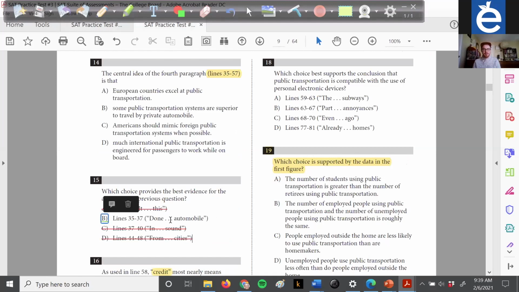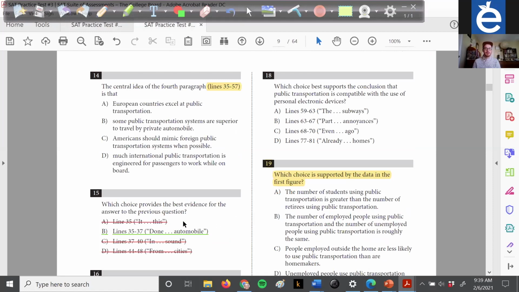So B is our clear answer, that if we do things right, we can make public transportation preferable to just auto driving. So what's the central idea of the 4th paragraph? European countries excel at public transportation. Well, that is true. We definitely see it illustrated there.